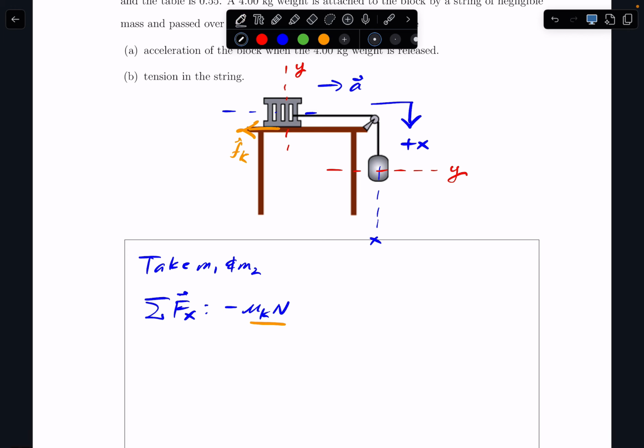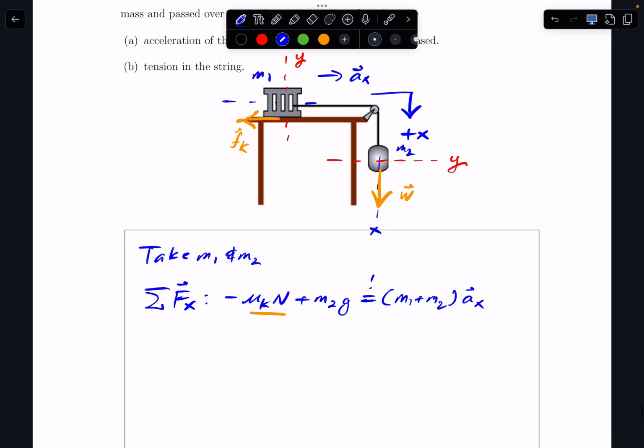What other force is in the x direction? Weight. That points down like that, right? And that's a plus or a minus? Right? Positive M2G. I'm calling this M1 and this is M2. And what does this all equal to? M1 plus M2 times the system acceleration A of x, right?